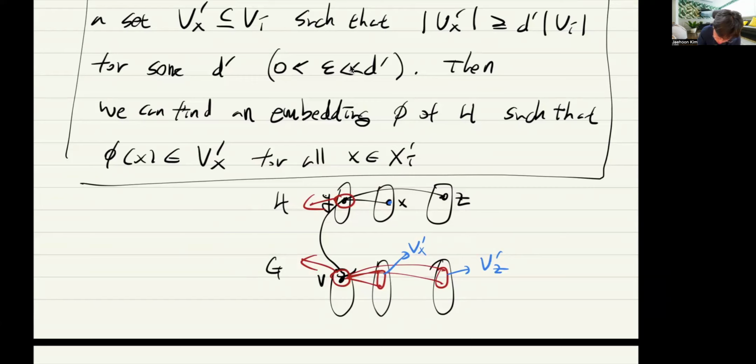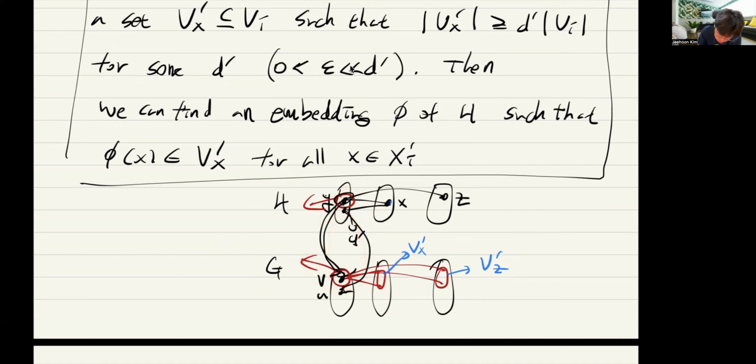So as long as, okay, here what I didn't say is that if you want to say this u prime has to also be mapped to u, and this has to be mapped to u, then this has a common neighbor. And it could hold that these two specific vertices might not have a large common neighborhood. Then, specifically, we cannot specify them to be embedded to here and here.